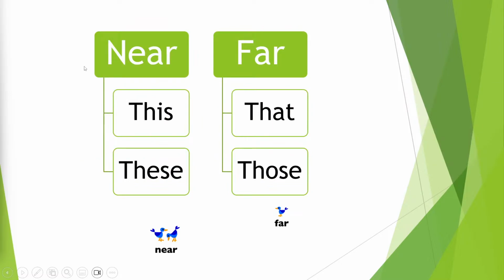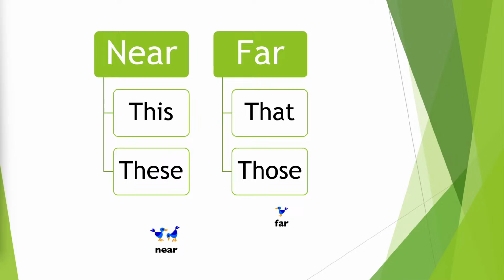When things are near, near means, as you can see here, the birds are near one to another. It means that the distance between them is not a huge distance. They are almost together. So let's understand that as it is.